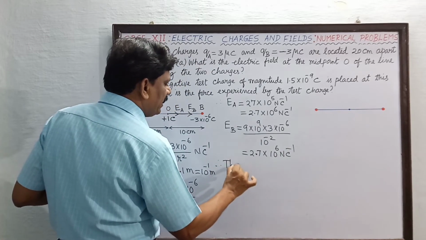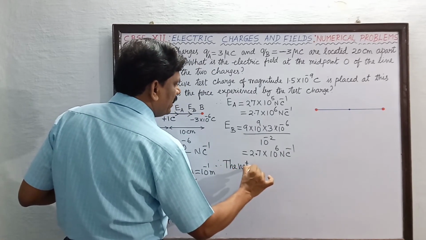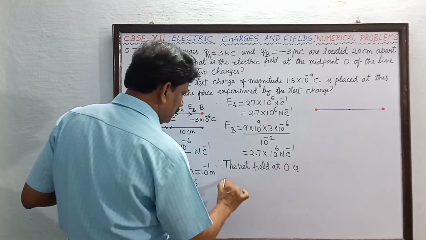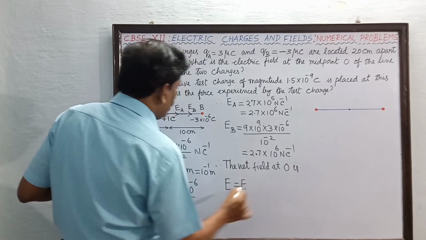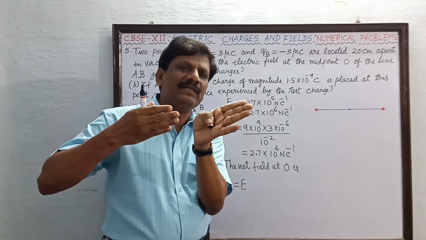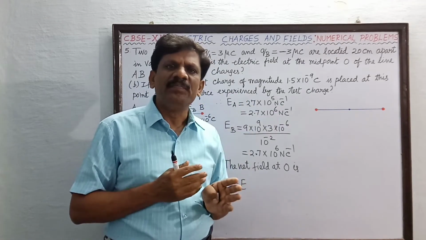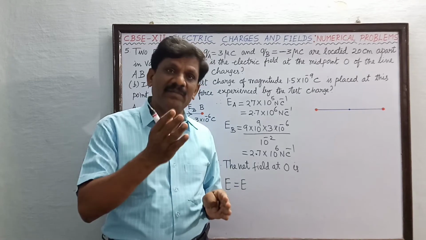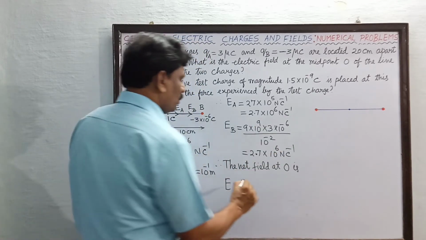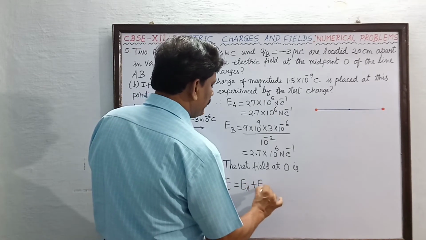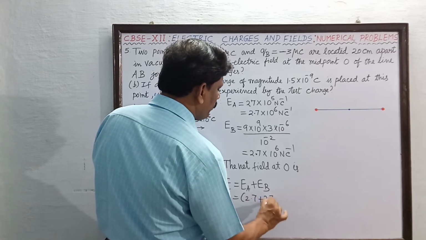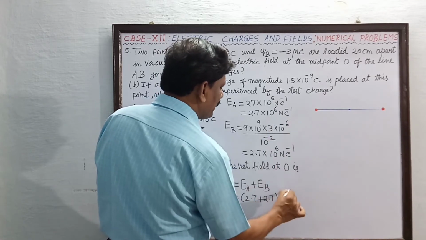Therefore, the net electric field at O is E equal to, both are in the same direction. Can you see that? EA is acting from O towards B, and EB is also acting from O towards B. So we have to add these two, is it not? So this is EA plus EB, which is equal to 2.7 plus 2.7, common factor 10 power 6.